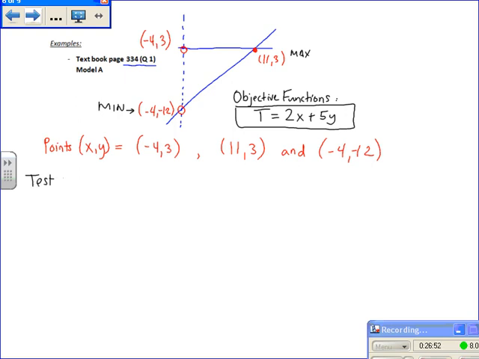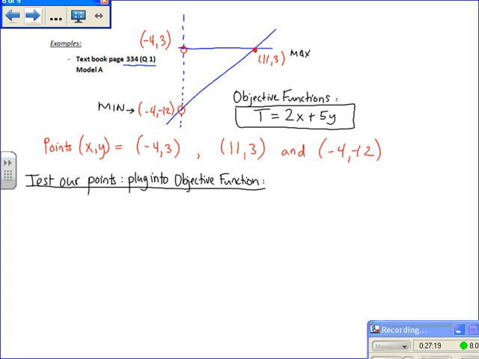Let's test our points, our solutions, by plugging them into the objective function. I'm just going to make myself a little chart here.